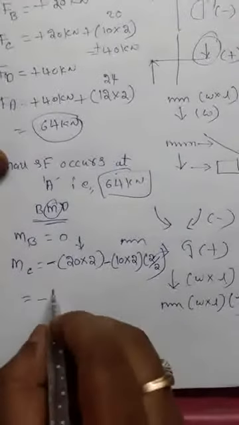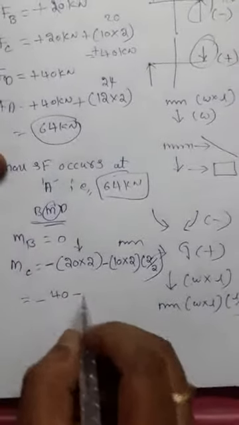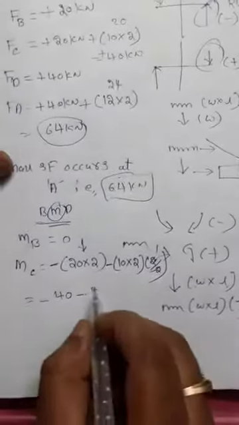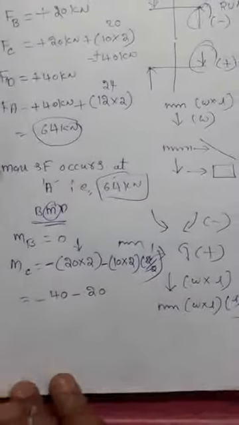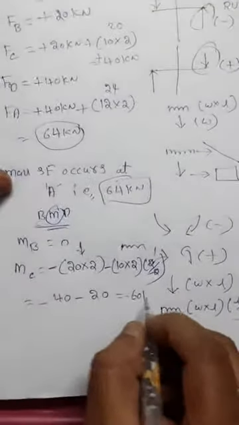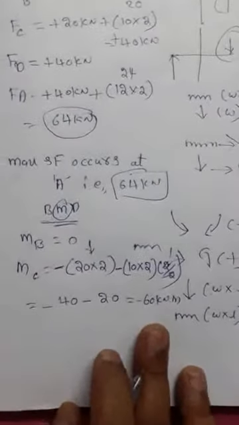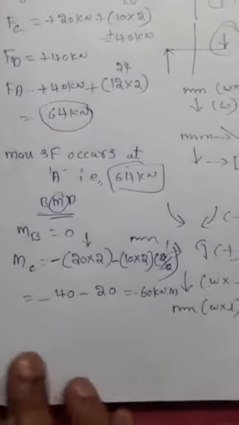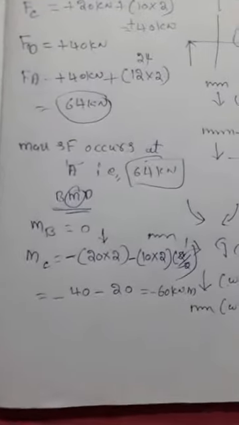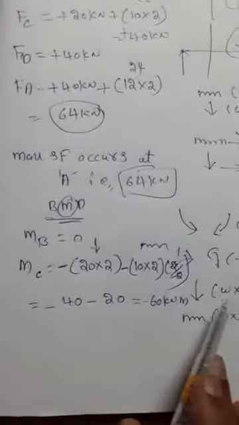So this is 40 and 20, giving minus 60 kilonewton meter. Kilonewton meter is the unit for bending moment, because it is force into distance: force in kilonewtons and distance in meters.